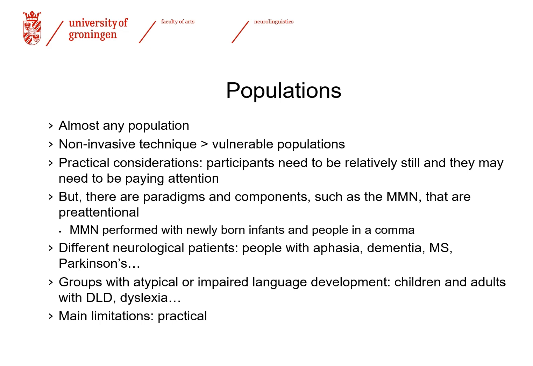We can follow what kind of changes happen in children's brains when they start to read and write, for example. And as I said, main limitations essentially are practical. If somebody cannot pay attention to an experiment, or if somebody has excessive bodily movements or jerks that they cannot control, then we cannot really do EEG.